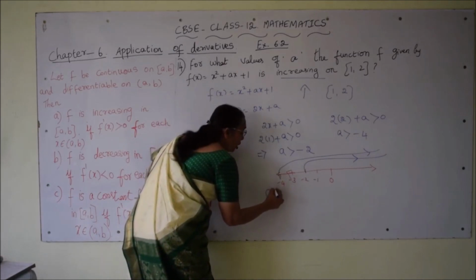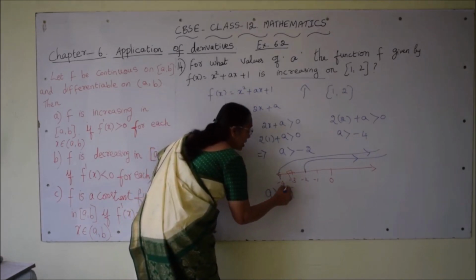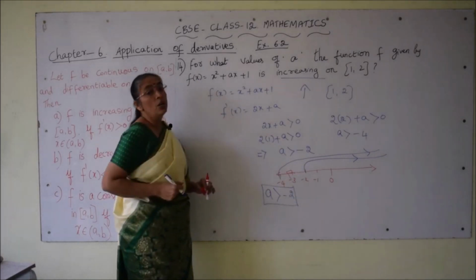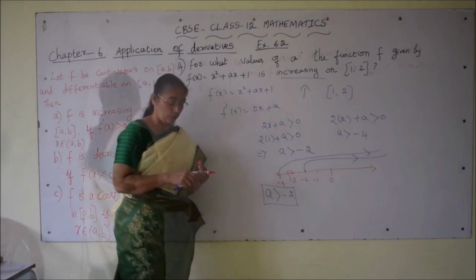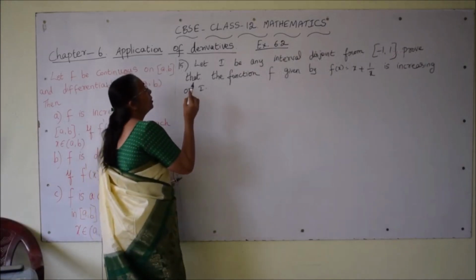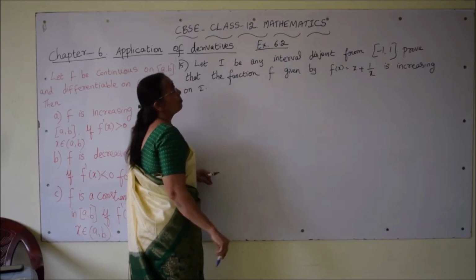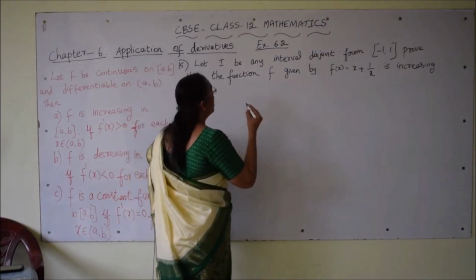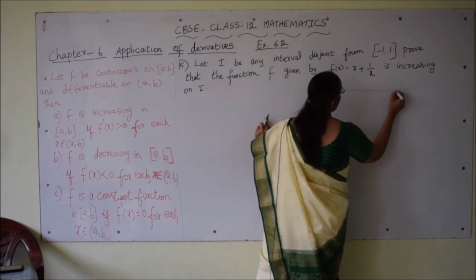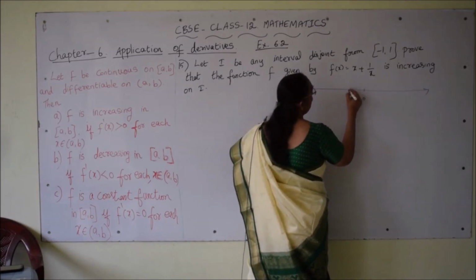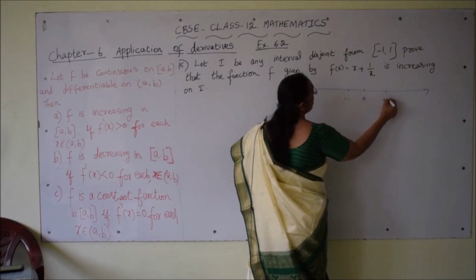So, for all values of a greater than minus 2, the given function is increasing on the interval 1 comma 2. Problem number 15. Let I be any interval disjoint from minus 1 comma 1. So, what is I? I is an interval on the real number system which is disjoint from minus 1 comma plus 1.